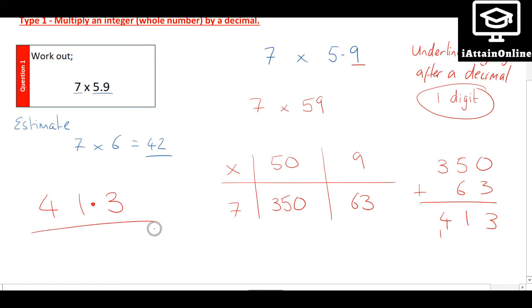So my answer here to 7 times 5.9 is 41.3. And again, remember we estimated to start with, so it's around about 42. So that's a good indicator that unless you've made any little arithmetic or adding or subtracting errors, you're probably correct. Okay, next example.